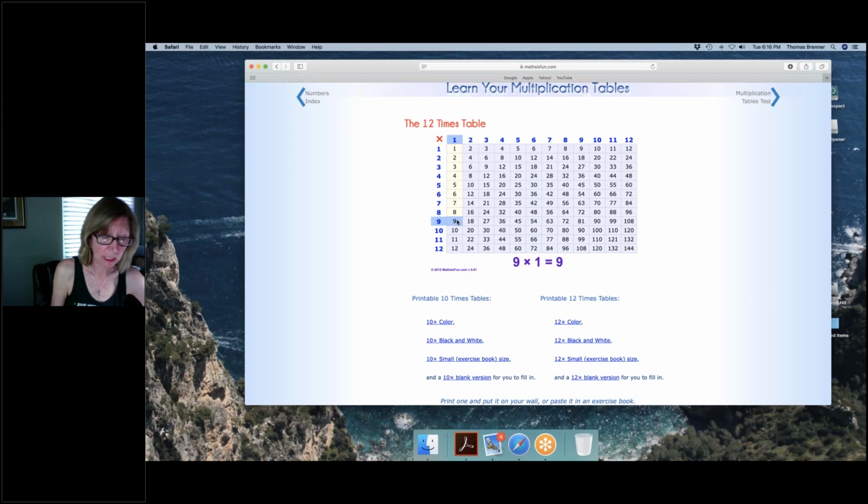So the 9 rule, tens is number minus 1. Ones is 9 minus 10. I'm sorry. I didn't complete that number rule.